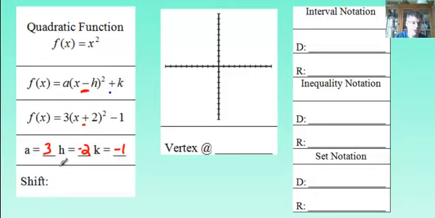So we're going to write down all the shifting that we're going to be doing. First off, that's a 3, that's a number larger than 1, so it's a vertical stretch.